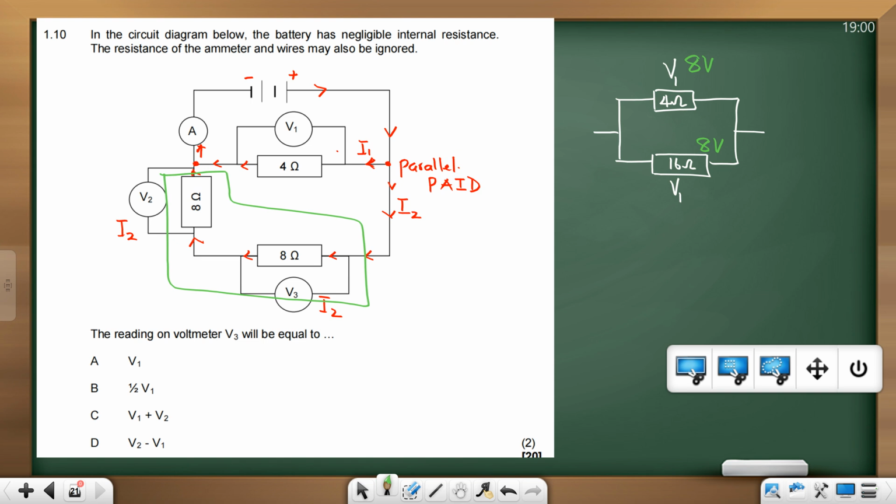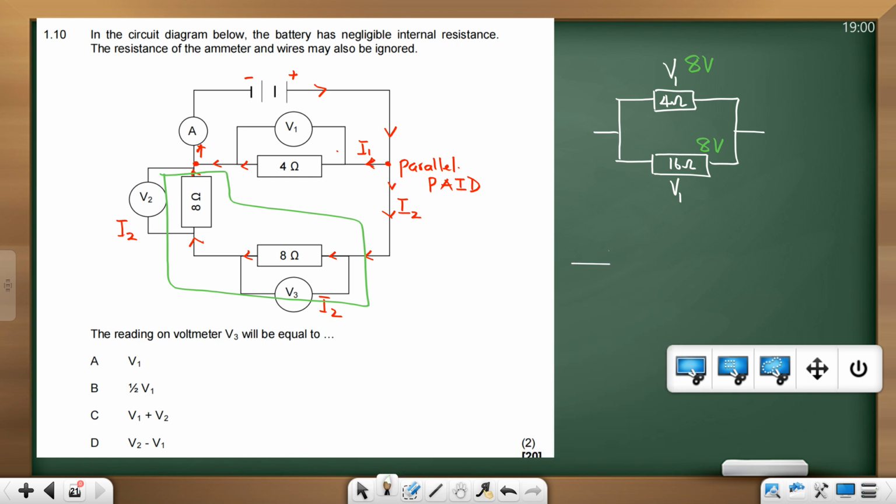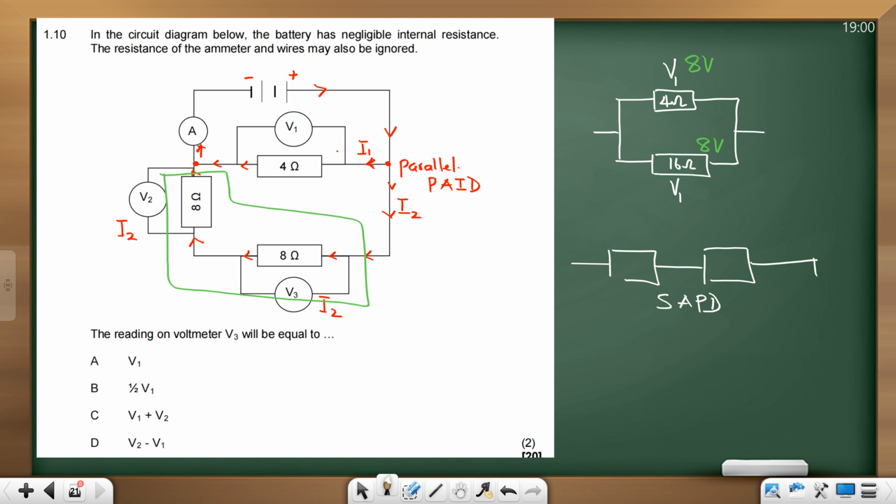It's in series. So my 16 ohms, let's break it down again into what? Series connection. So current requires analysis. Because they are in series, series are potential what? Dividers. So the entire potential difference that I have across here is V1.